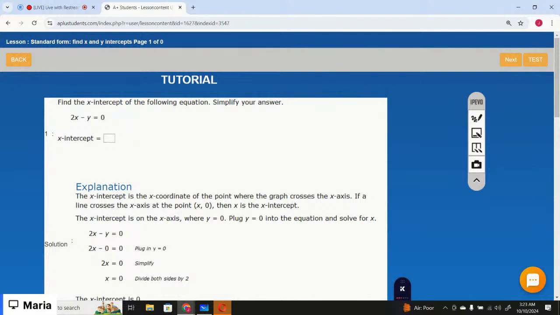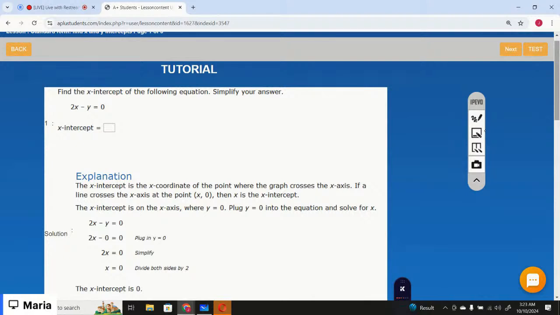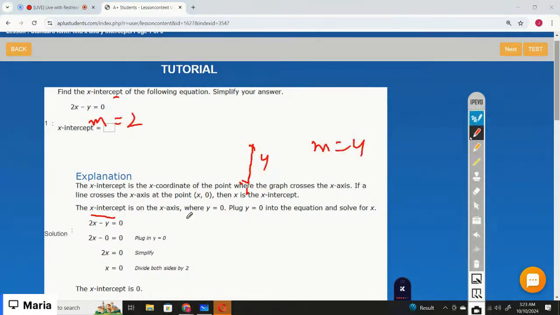So the first example is find the x-intercept of the following equation: 2x minus y equals 0. When you have to find the x-intercept of the equation, you need to plug in y equals 0, right? The x-intercept is on the x-axis where y equals 0.